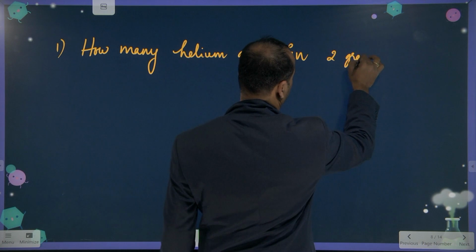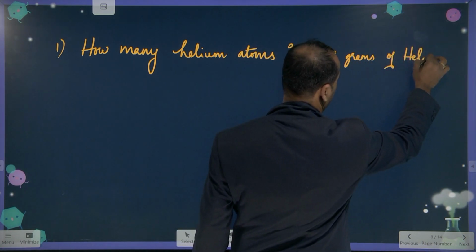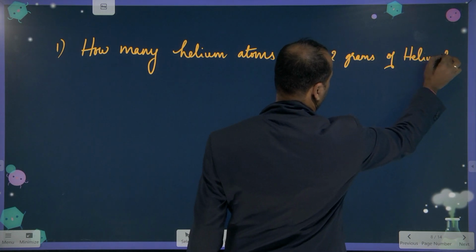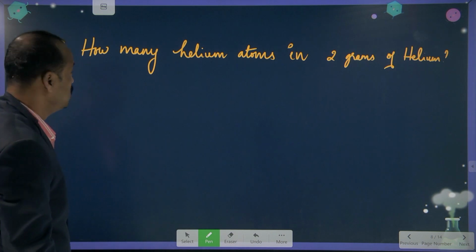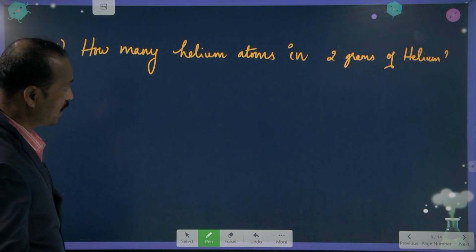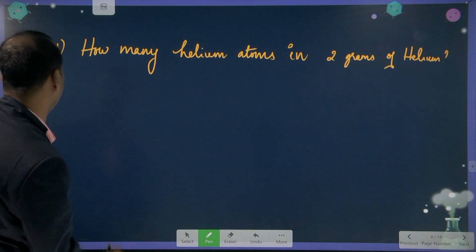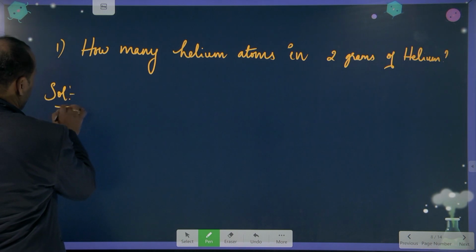Okay, 2 grams of helium. So now what they are asking is, how many helium atoms are in 2 grams of helium? How can you find out how many helium atoms are there in 2 grams of helium? How can you find?